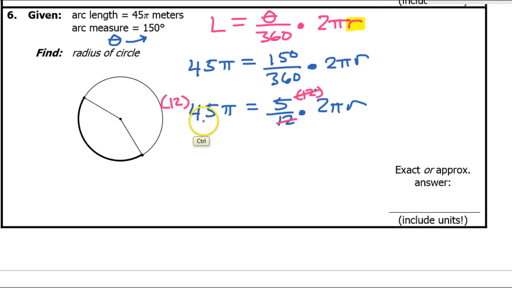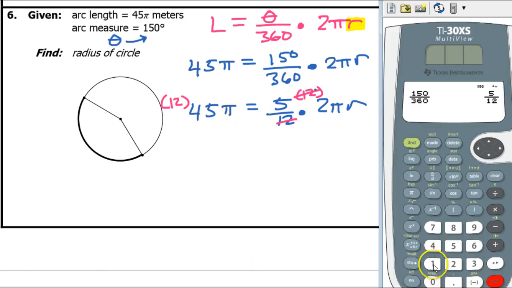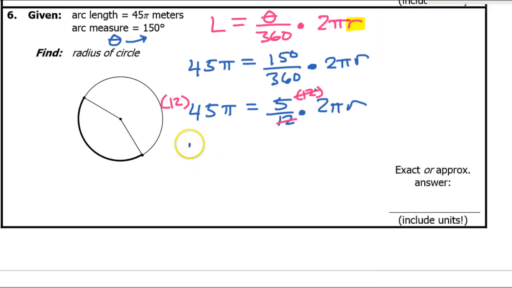So over here I've got 12 times 45. I'm just going to leave the pi alone. So what's 12 times 45? Okay, 12 times 45, that's 540. So I've got 540 pi is equal to, now the 12s are gone, so I've got 5 times 2 pi r. Well, what's 5 times 2? That's 10, so I've got 10 pi r at this point.